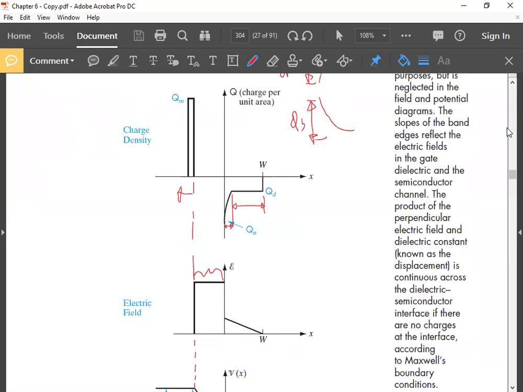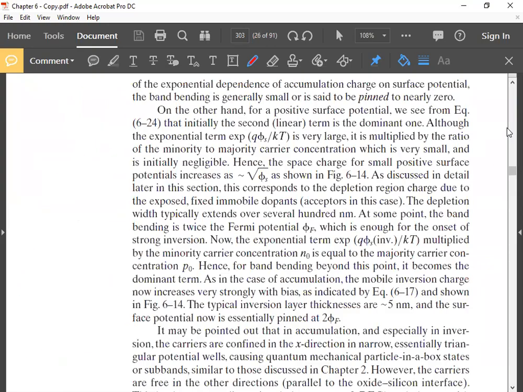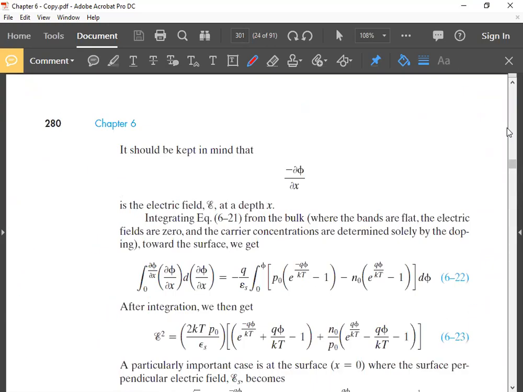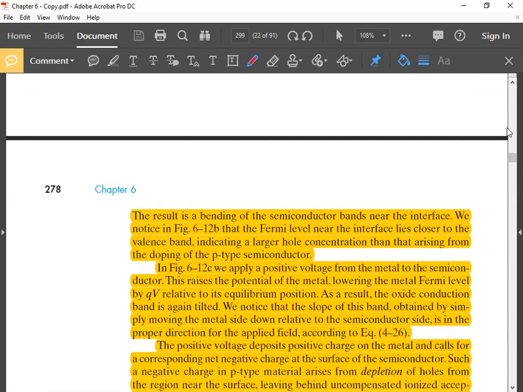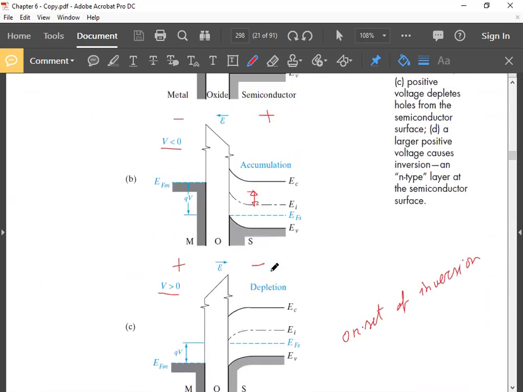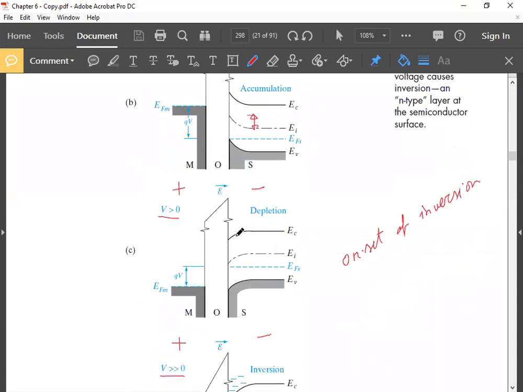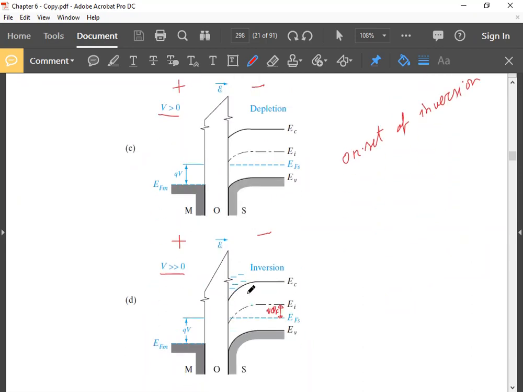Both in accumulation and in depletion plus inversion, there is some voltage drop across the semiconductor. Here, in accumulation, there is a voltage drop, right? So there is a capacitance associated with this accumulation region. Similarly, in depletion, there is a capacitance associated with this depletion region or this depletion inversion.